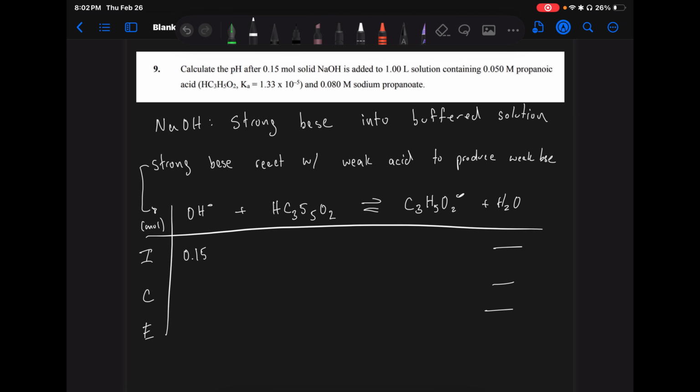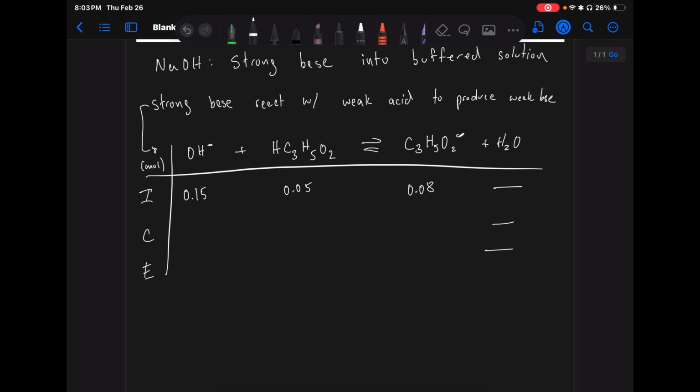Then HC3H5O2: we have 0.05 moles per liter in 1 liter, so that would just become 0.05 moles. C3H5O2 minus, we start with 0.080 moles per liter, but it's in 1 liter, so it'll just be 0.08 moles. We already wrote the unit somewhere else.